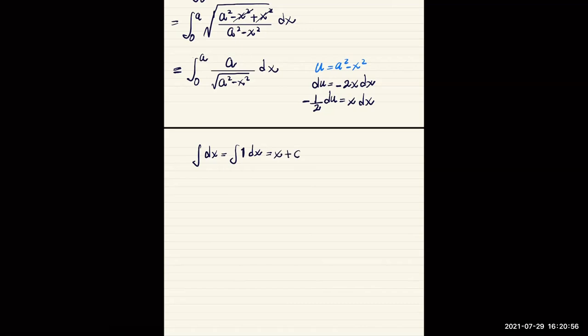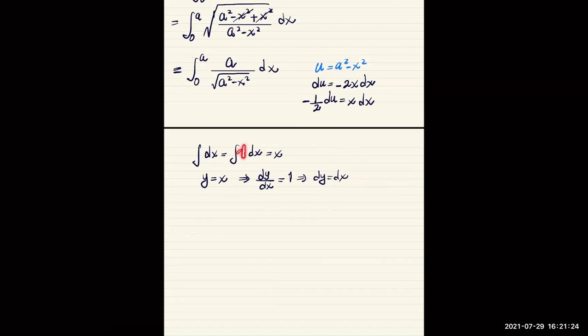You can check: if y is equal to x, then dy over dx, the derivative, is equal to 1, which gives you dy equals dx. So the antiderivative of dx is equal to x.